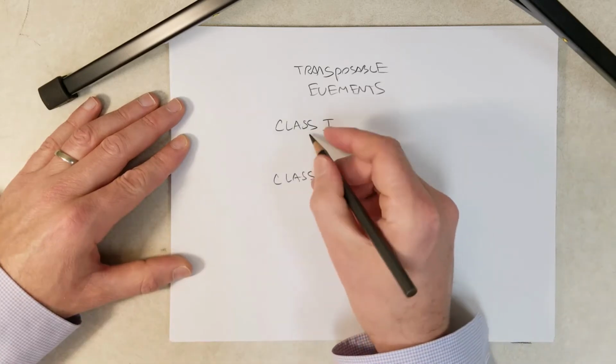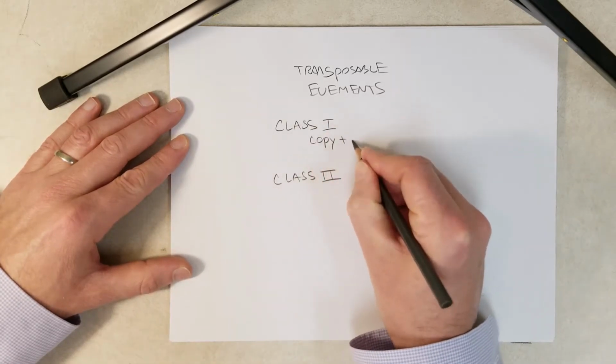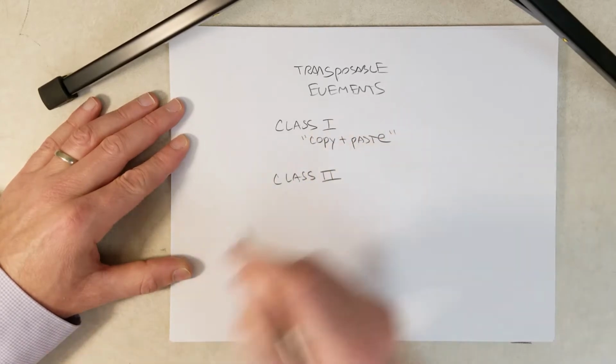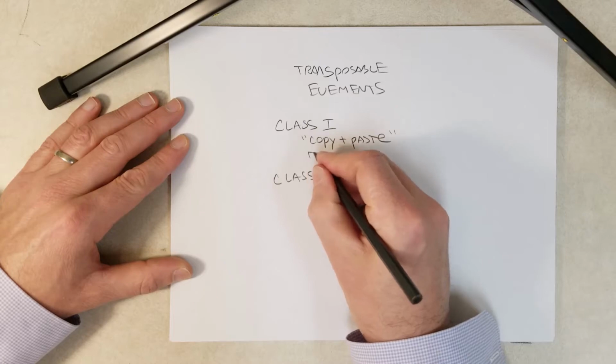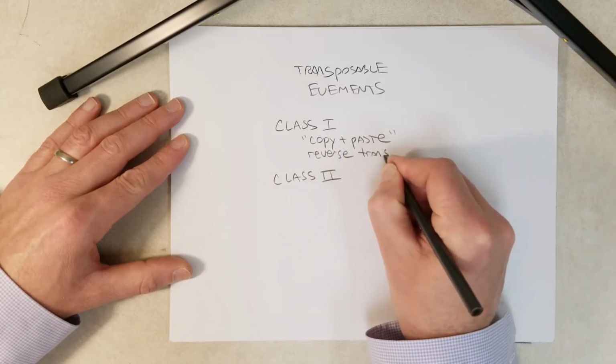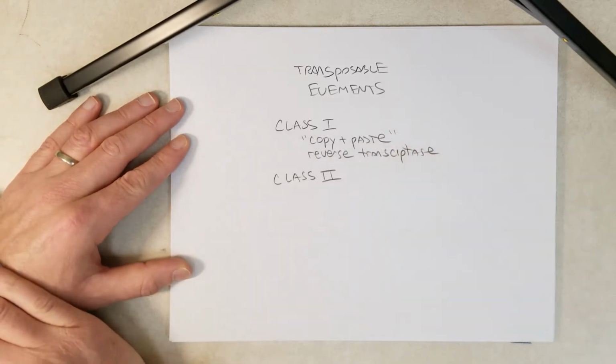So we have the class 1 elements, which spread by a copy and paste mechanism. And these involve an enzyme that we've seen a couple times so far in this course. That's reverse transcriptase.